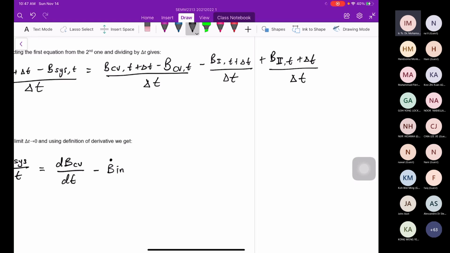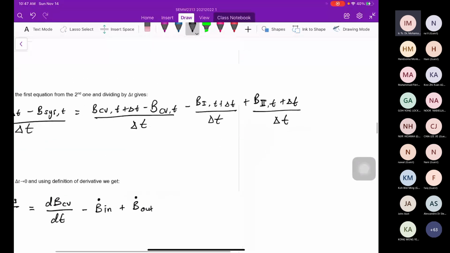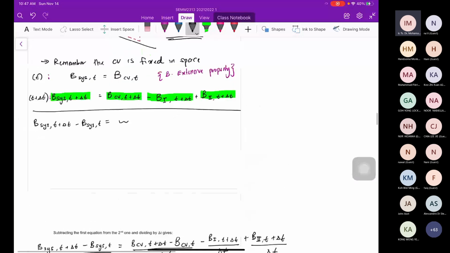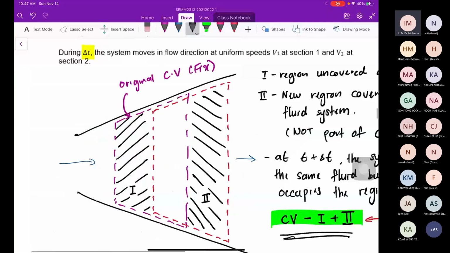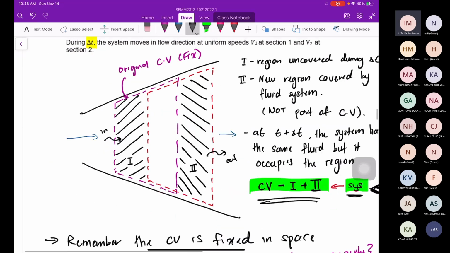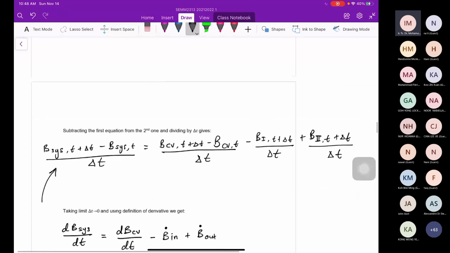Input plus B output. Okay, why suddenly we have to consider input and output? You can see region 1 is considered as input. Region 2 is considered as output. So we name it as input and output, in and out.